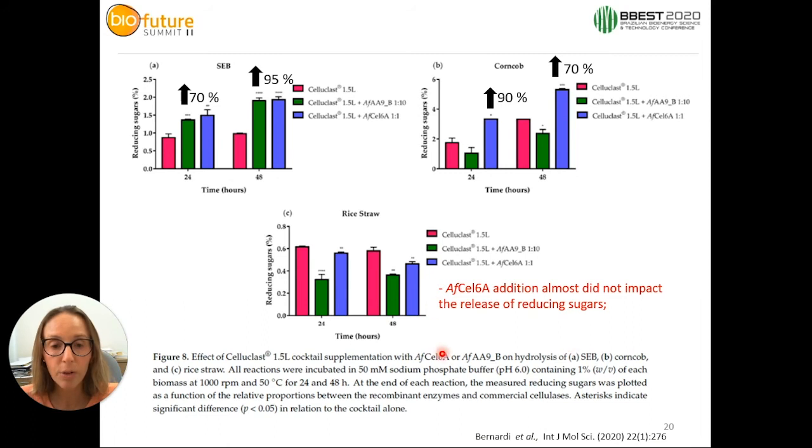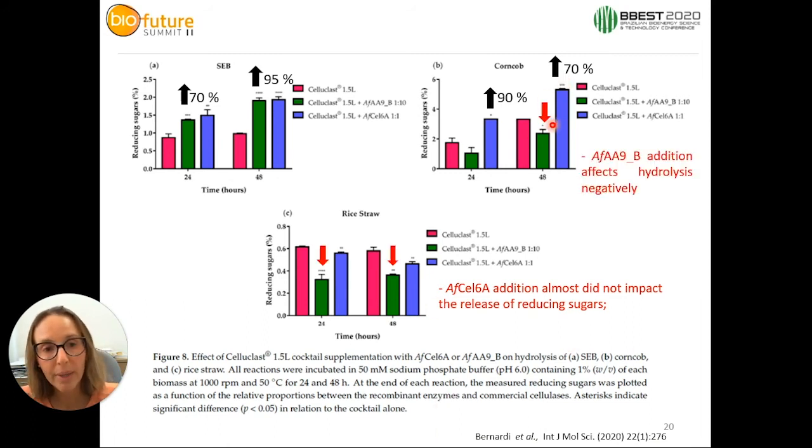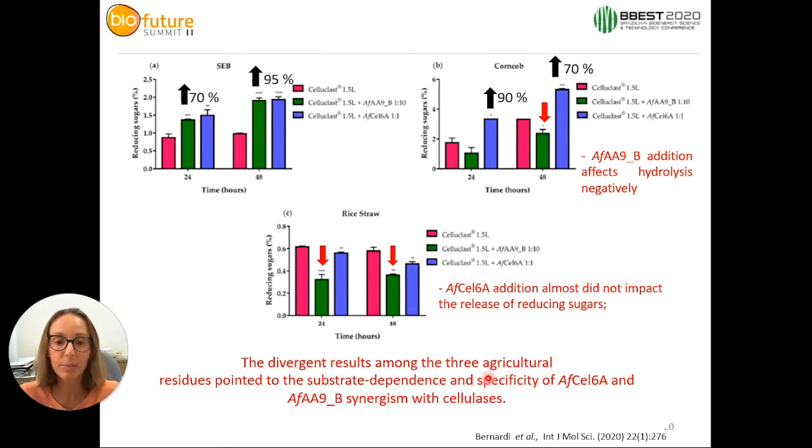Besides that, LPMO had a negative effect when added to the Cellic cocktail on corn cob and rice straw biomass. The divergent results point to substrate dependency or specific activity of these enzymes on this substrate.